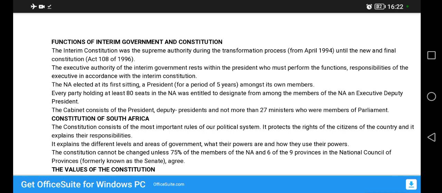The constitution said the person who will lead our country will be our main leader, which is the president. And of course, everybody falls sick now and then. Everybody's got personal issues now and then. But if the leader is not in the office, who must take charge? The person who must take charge is the deputy president.